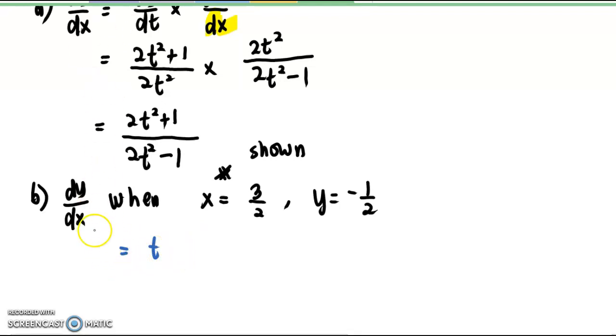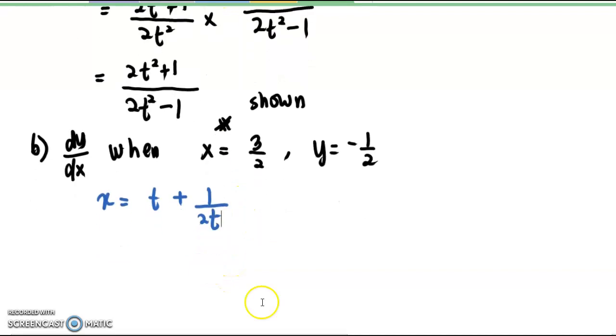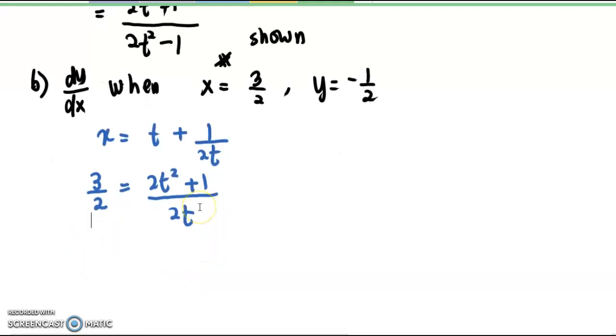x equals t plus 1 over 2t. Ini cikgu samakan bawah. 2t square plus 1 over 2t equals 3 over 2. Okay, and then cikgu bring to the left 2t, cikgu akan dapat 3t equals 2t square plus 1.